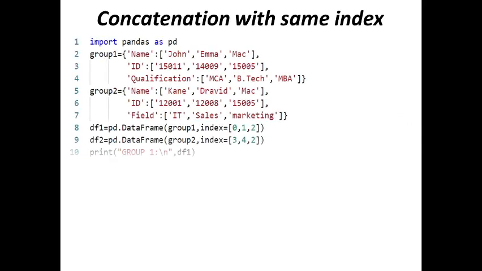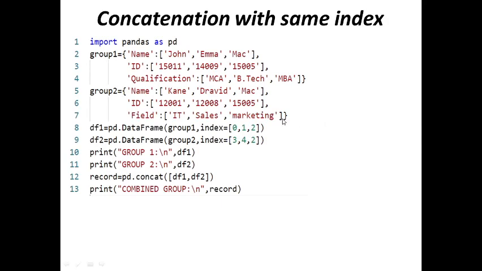Now let's see what happens when we concat with the same index value. For dictionary 1, keys are name, ID, qualification. For dictionary 2, named group 2, keys are name, ID, field, and then associated values are there. We are creating a data frame from the group 1 dictionary. We are creating another data frame from dictionary 2 named group 2.